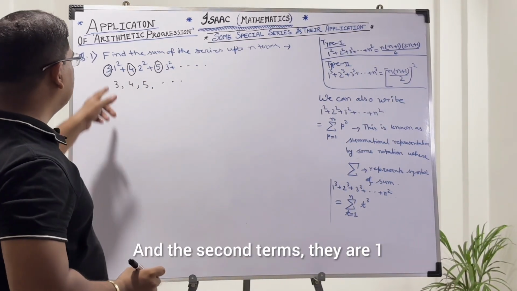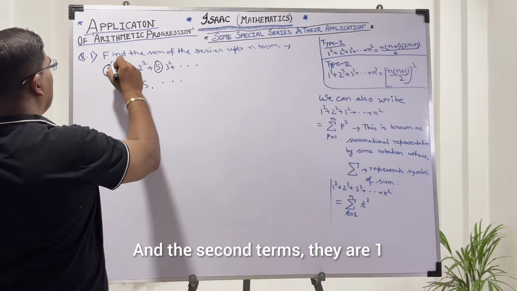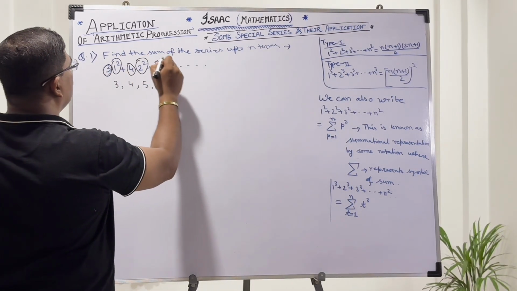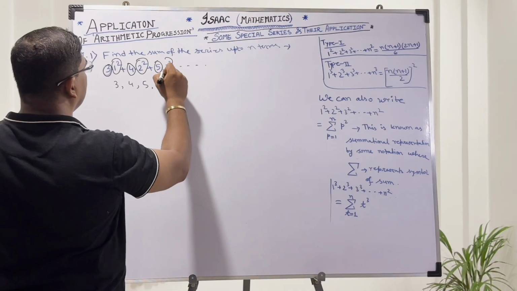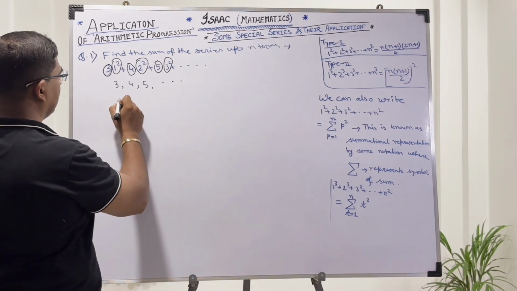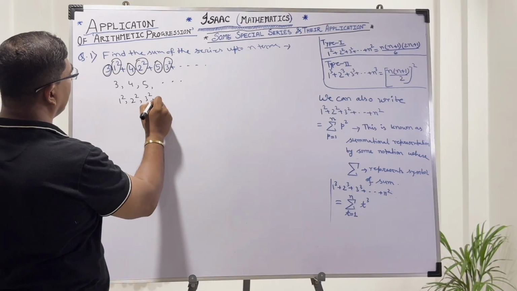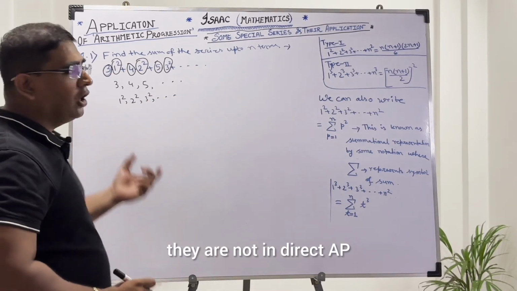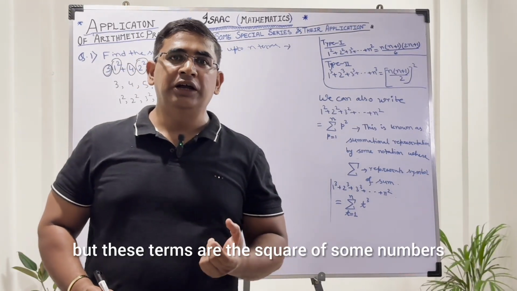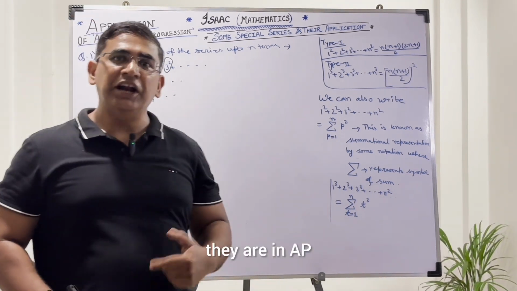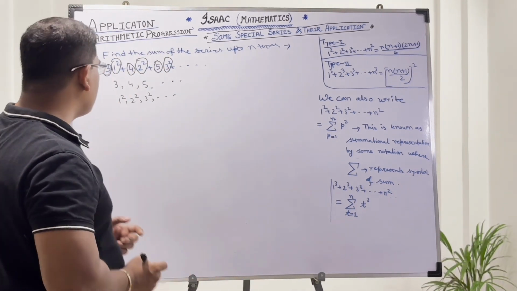Okay, and the second terms are 1 square, 2 square, 3 square. They are not in direct AP, but these terms are the squares of some numbers which are in AP. Okay.